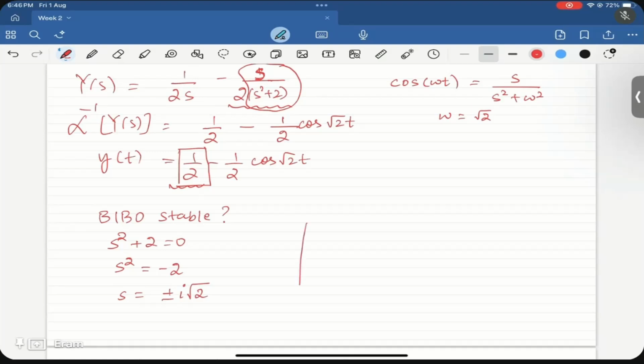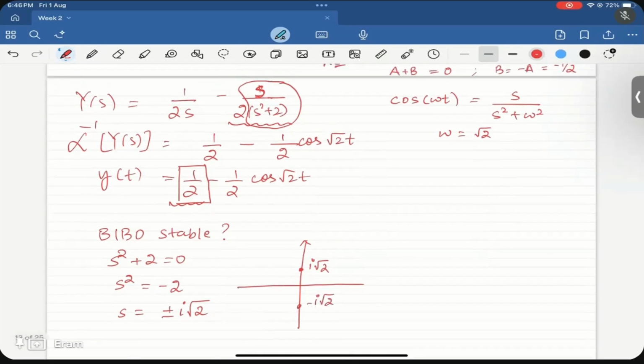So the poles are on the imaginary axis, it is i√2 and minus i√2. Is this lying on the left half plane? No. So this is not BIBO stable, right?